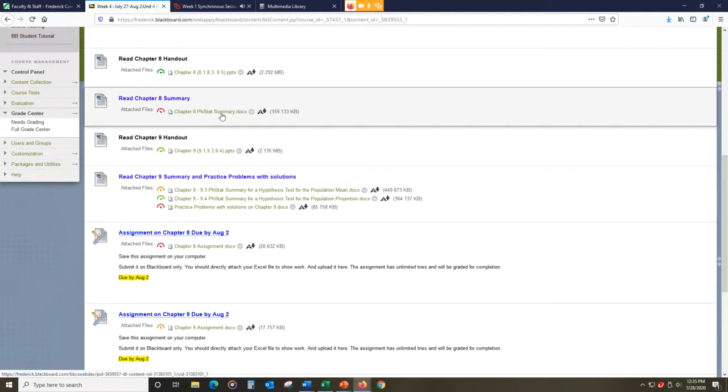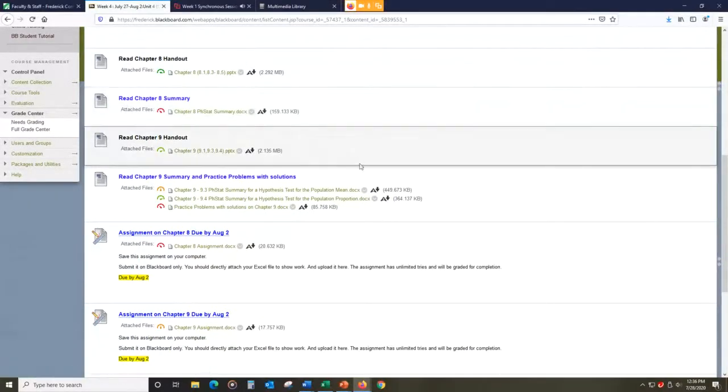So this file gives you all the step-by-step you need to follow for PHStat to do the problems. From now or even from Unit 3, we just saw that we are not using any individual Excel functions. We are using PHStat for our solution. So that's what we will be doing here as well.